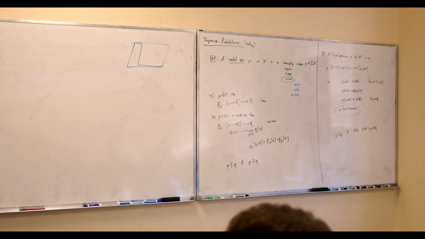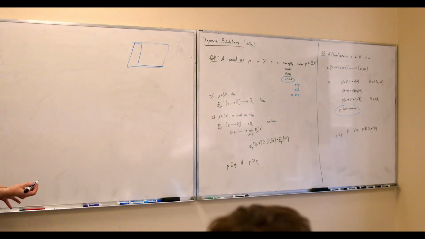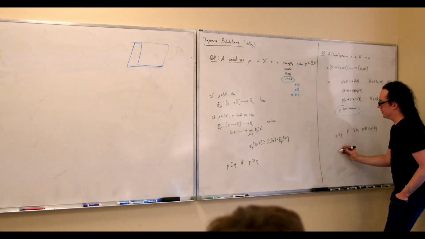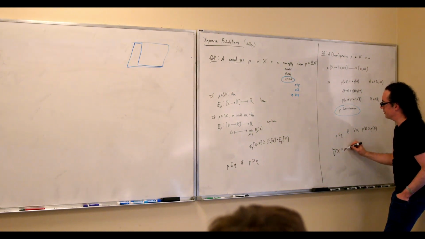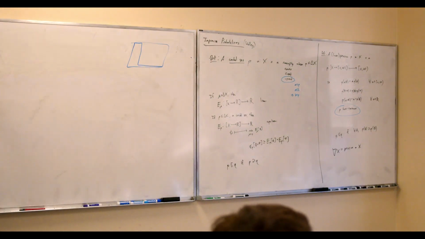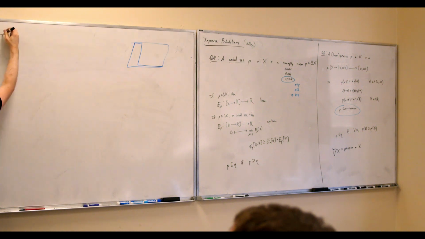I said something about these two notions being equivalent, so I should say what that equivalence is. First, let nabla x equal the space of provisions on x. Claim: credal sets on x are isomorphic to provisions on x.